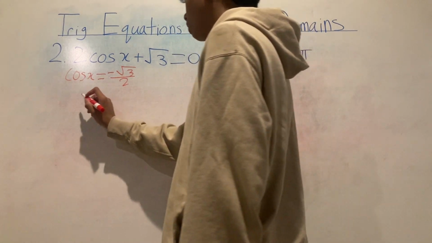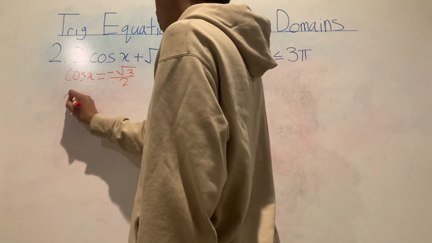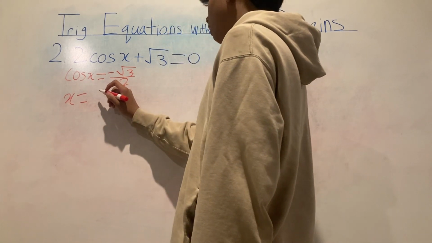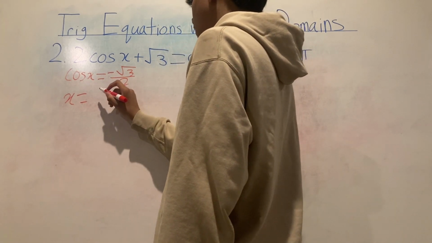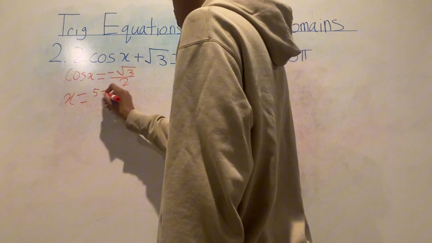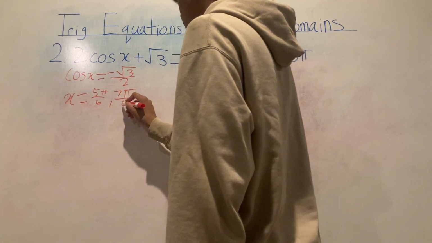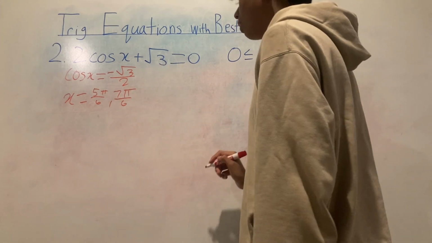And now all we're going to do is find where cosine is negative root 3 over 2. From 0 to 2 pi, that's going to be 5 pi over 6 and 7 pi over 6, and that's where cosine is negative root 3 over 2.